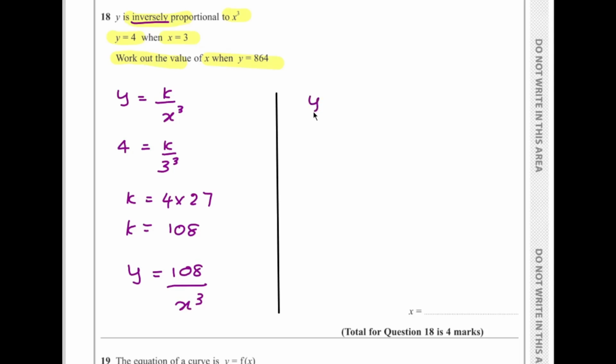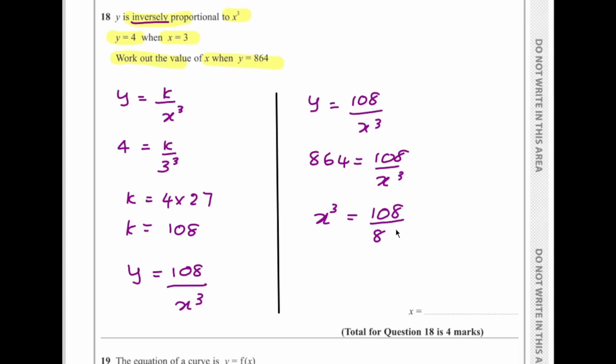So y equals k, 108 over x cubed. Y is given as 864. So 864 equals 108 over x cubed. Then x cubed, we are cross multiplying and sending the 864 to the other side. So x cubed equals 108 over 864, and I've got to get the cube root of 108 over 864.